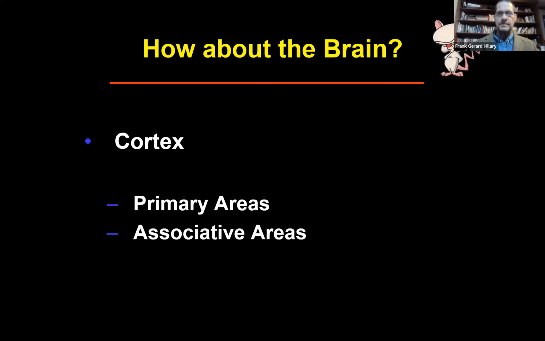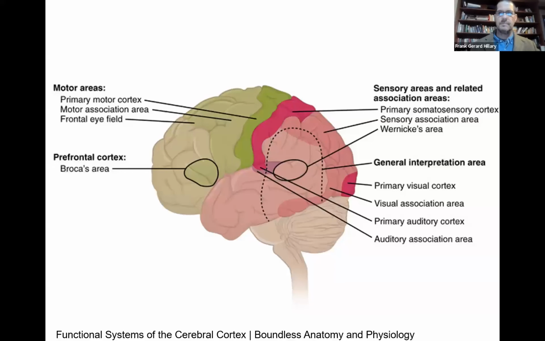The associative areas are those areas that fill in more by experience. Our brain is wiring over the course of our lifetime, and part of that is determined by genetics, but part of it is also determined by our exposure to the environment. The association areas bring together what's happening in the primary areas and intermix, combine, and integrate different types of information.